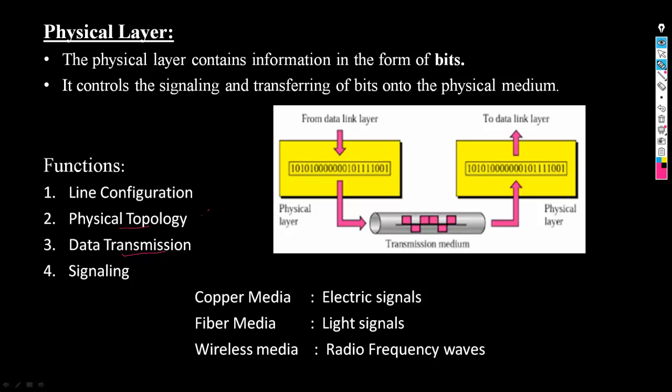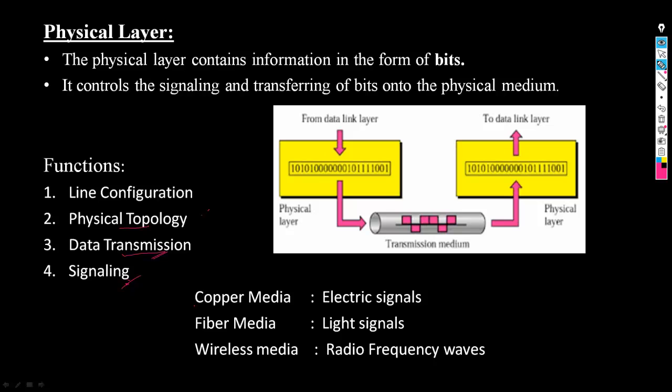Its another function is data transmission. It defines transmission mode, whether it will be half duplex or full duplex mode between the two devices on the network. One of its functions is signaling. It determines the type of signals used for transmitting the information.